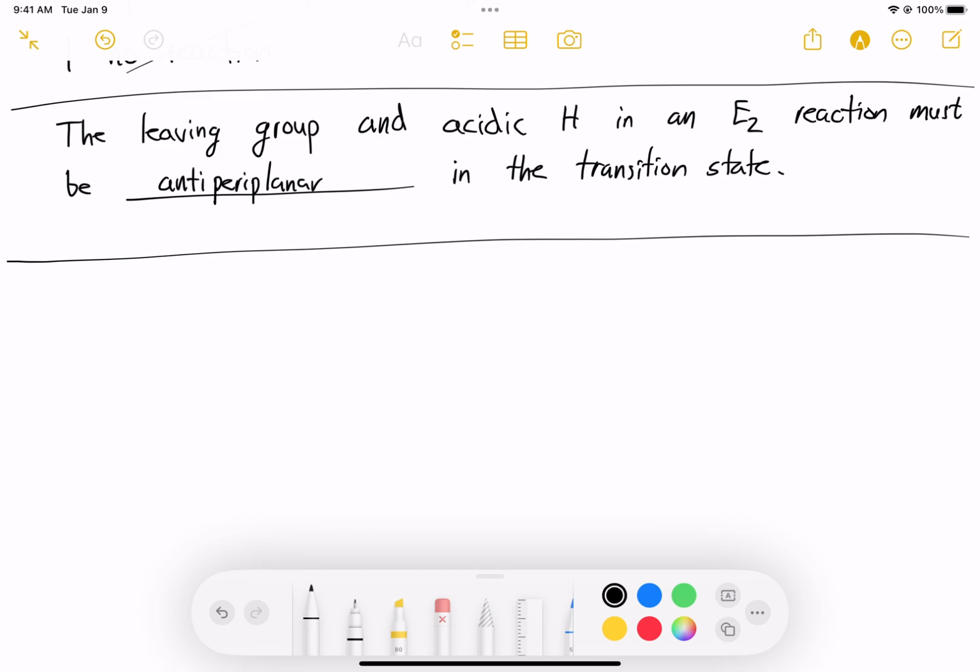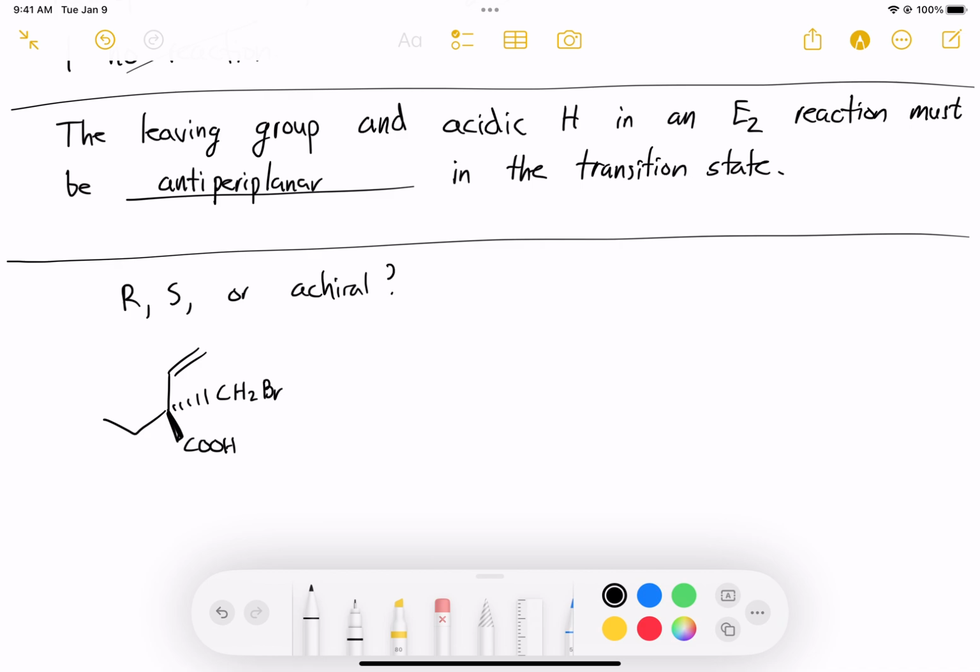Are they R, S, or achiral? All right, just a few more examples here. If you did all the examples in the practice exam and in the discussion worksheets, you should be in good shape.